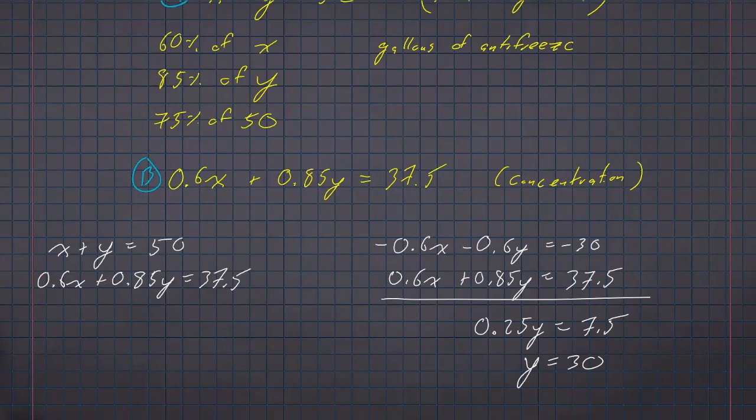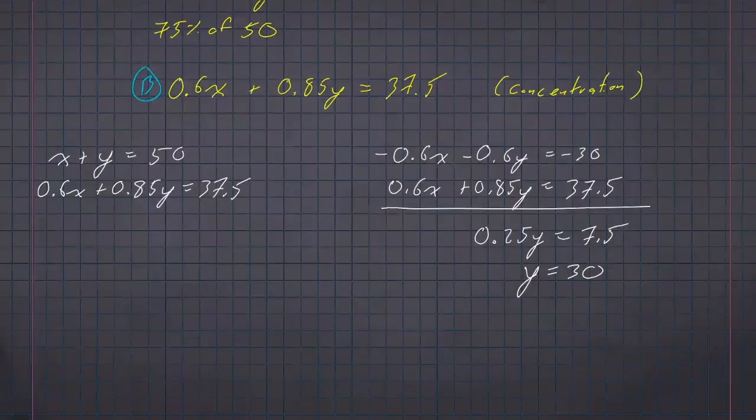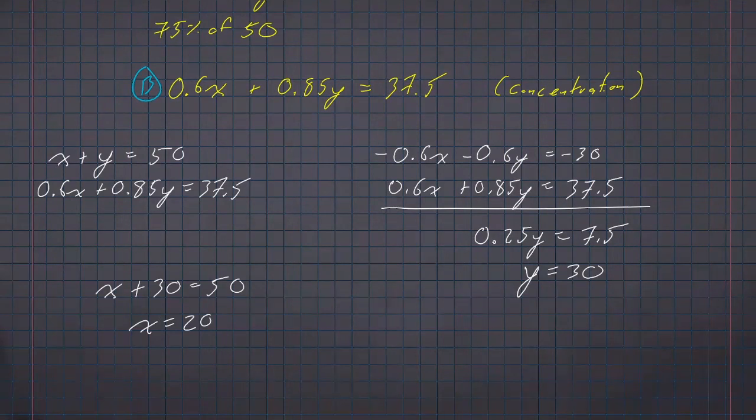And then plugging that back into the equation that I had to start with, x plus 30 equals 50. I get that x is 20. And so with that, I have my solution.